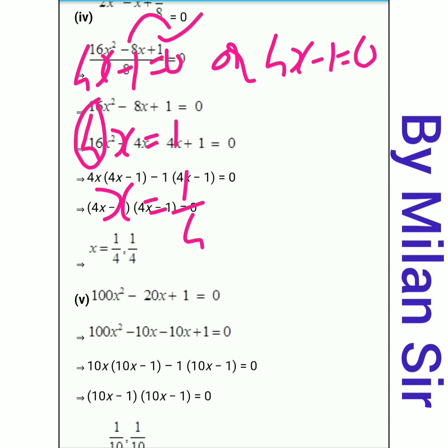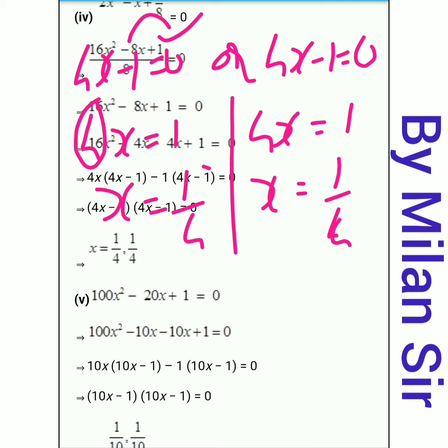So x is equal to 1 by 4. Similarly, here 4x is equal to 1 and x is equal to 1 by 4. So our two zeros are the same. Okay, our two roots are the same, 1 by 4 and 1 by 4.